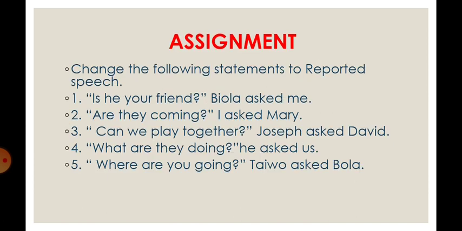So here is the assignment for this lesson. We have to change the following statements to reported speech. Number 1, is he your friend? Bola asked me.